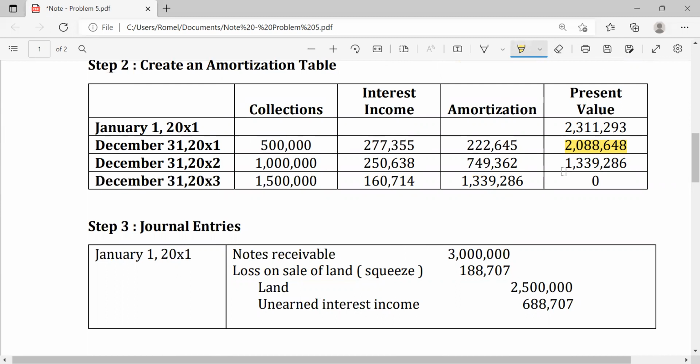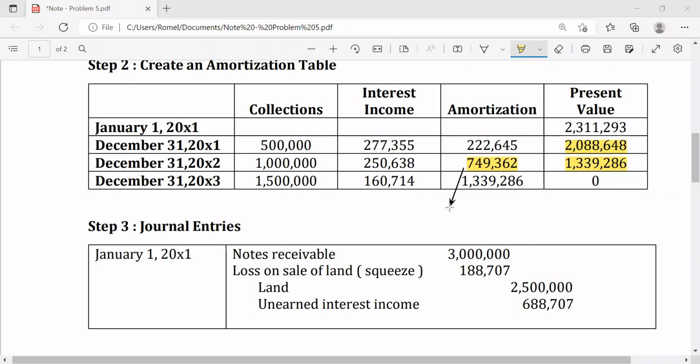So how do we present notes receivable, especially if it is installments? The principal is collectible in installments. So pag ganun, pag ang principal collectible in installments, the current portion will be presented in the current asset, and the 1,339,286 will be presented in the non-current portion.